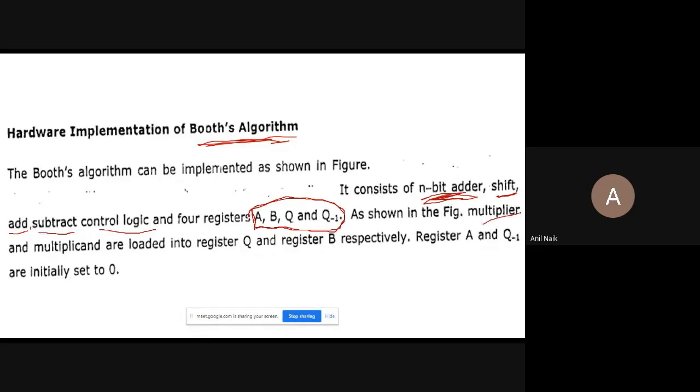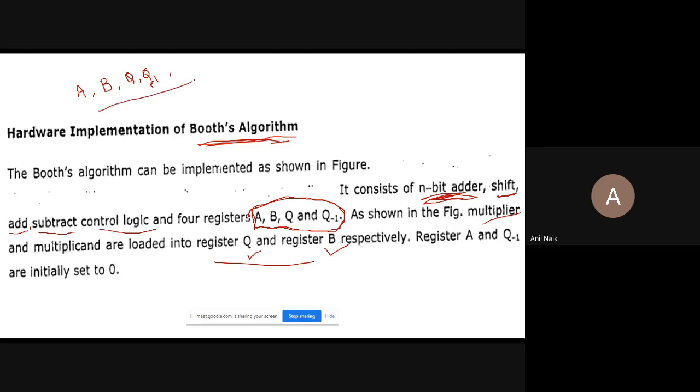The multiplier and multiplicand are loaded into the multiplier Q register and the multiplicand B register. Simple thing. So in the hardware implementation of Booth's algorithm, the contents are: the A register, the accumulator, the B register for the multiplicand, the Q register for the multiplier, and Q minus 1, a single bit register.